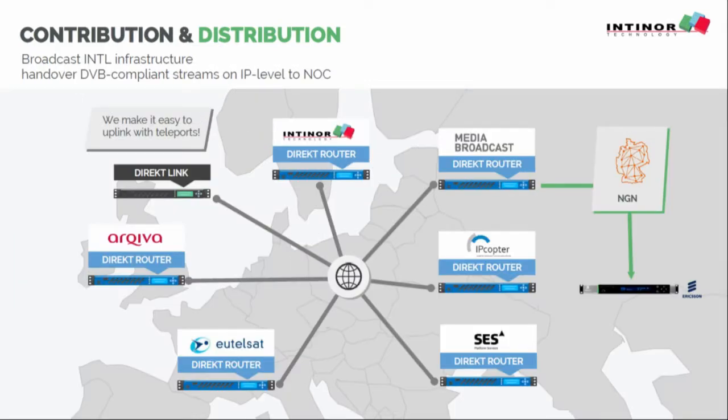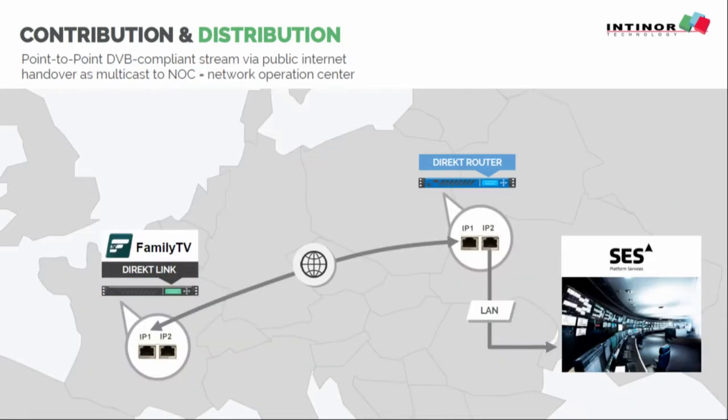These are partners, teleports. So we have a system at SCS. We can have streams on the media broadcast platform into the NGN. So that's what we're doing. In addition, there's technology that allows us to send a stream over public internet into the SCS, receiving on IP1.